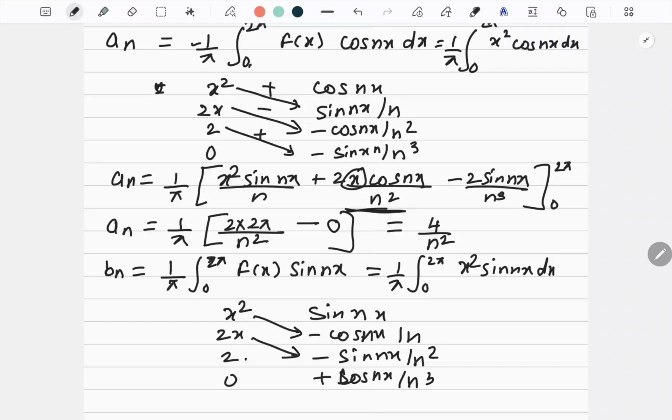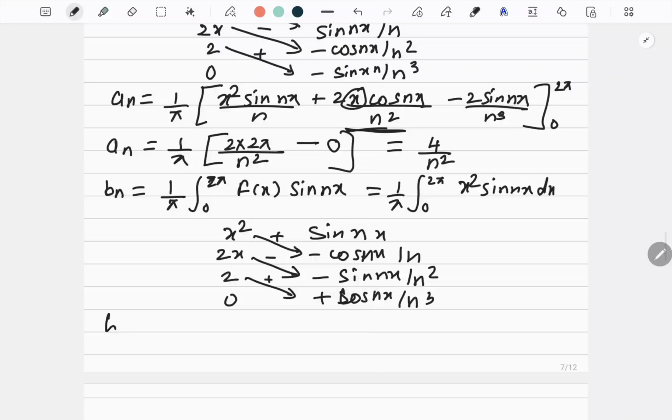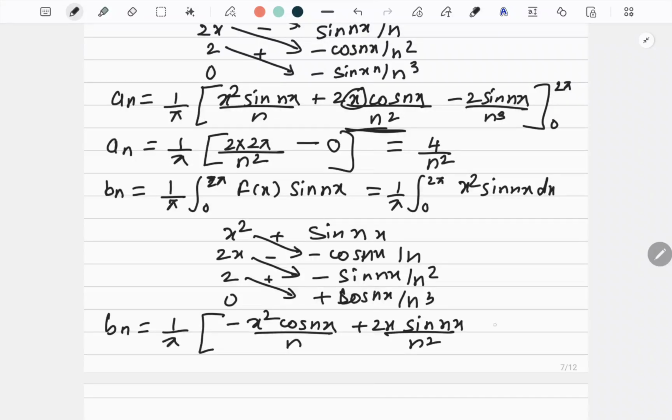So 1, 2 and 3 are plus, minus, plus. So Bn is equal to 1 by pi and then minus x square cos nx upon n plus 2x sin nx upon n square plus 2 cos nx upon n cube. Limit 0 to 2 pi.